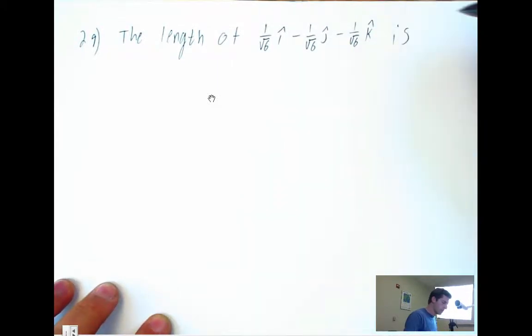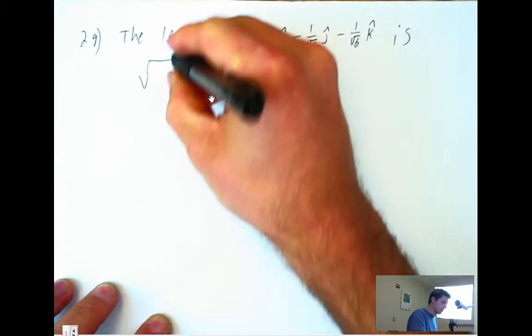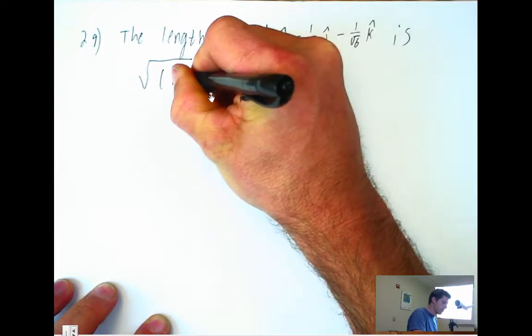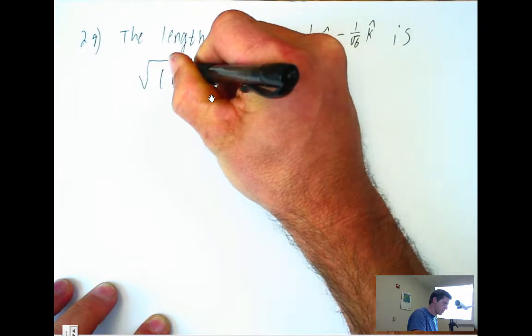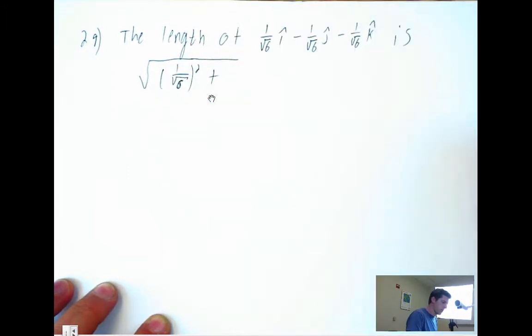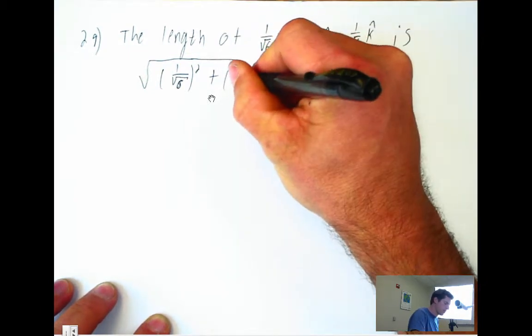Okay, so the length is the square root of the sum of the squares of the components. That's 1 over square root of 6 squared plus negative 1 over square root of 6 squared and negative 1 over square root of 6 squared.